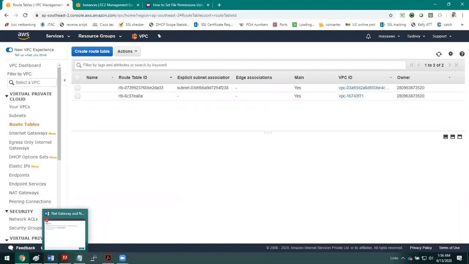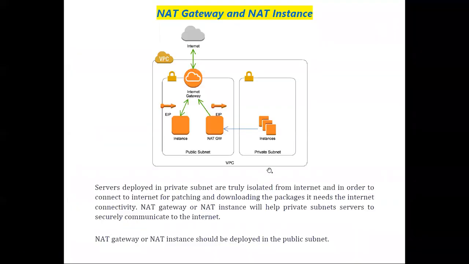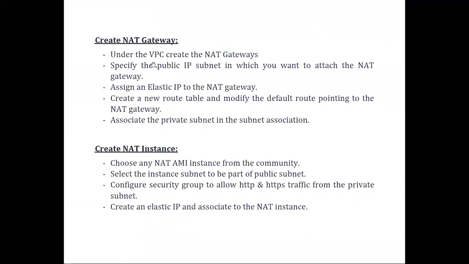As per my documentation, let us create a NAT gateway, specify the public subnet, and attach the NAT gateway with the elastic IP. Then we need to create a custom routing table and point the routing to the NAT gateway.